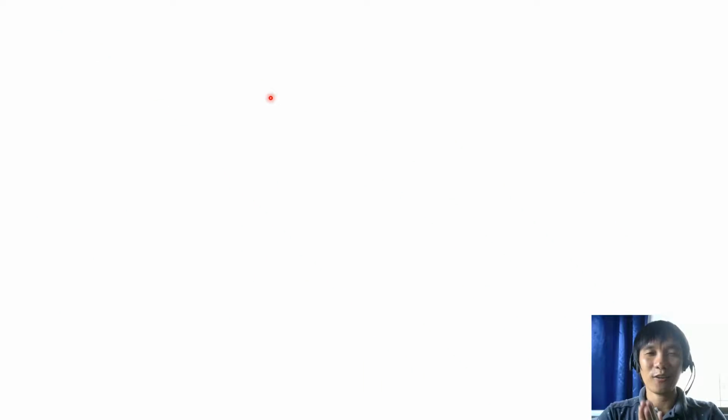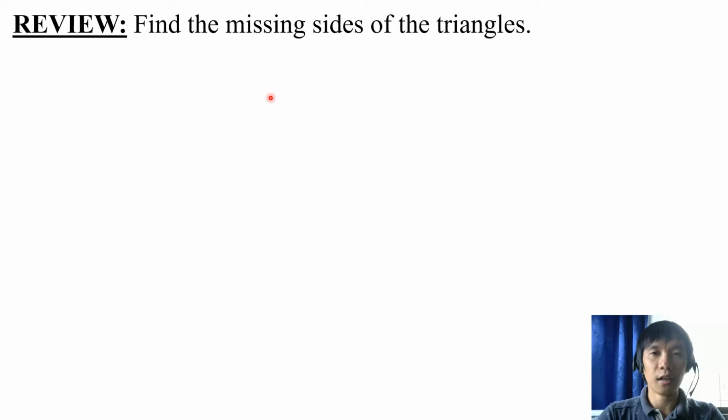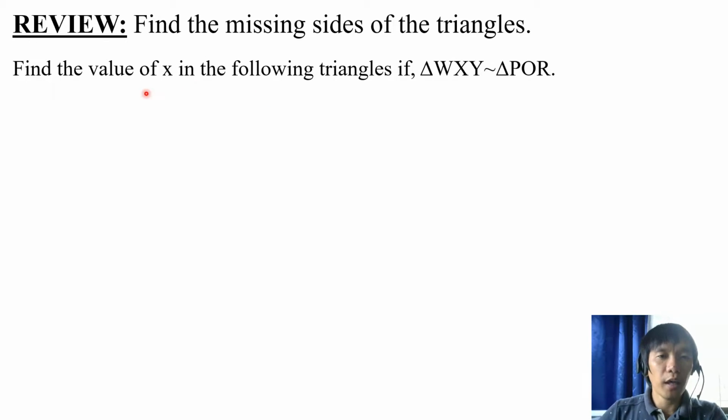Before we go on to our lesson proper, let us review first how to solve for the missing sides of our triangle. We are going to find the value of x in the following triangles.